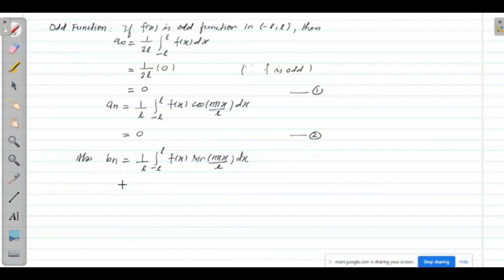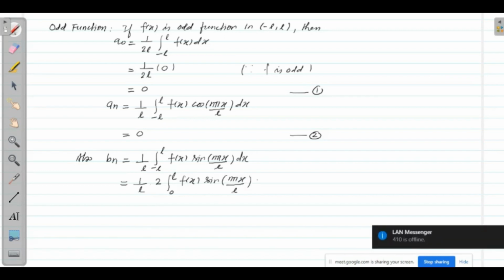Okay, but the thing is what? 1 upon L. F is given to be an odd function, but sin is also an odd function. So odd multiplied by odd is an even function. So this function will survive. So for the even case, by properties of definite integral, this integral can be written as 2 times the integration of limit 0 to L, f of x sin n pi x by L dx.